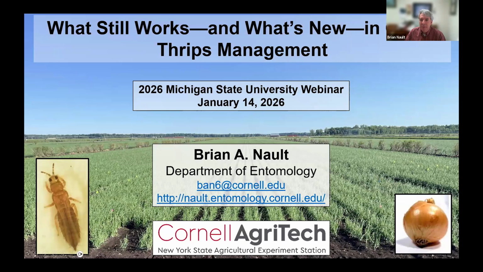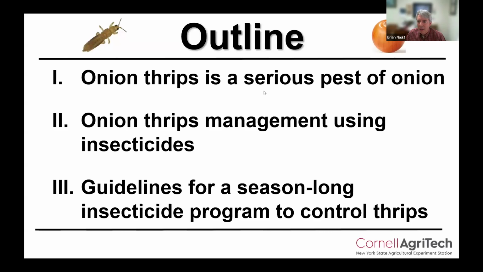So, just to give everybody an idea of what I'm going to talk about today, I'm going to start off by giving a bit of a review and list at least the reasons that I consider why onion thrips is and will likely remain a serious pest of onion.